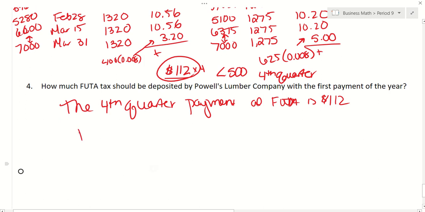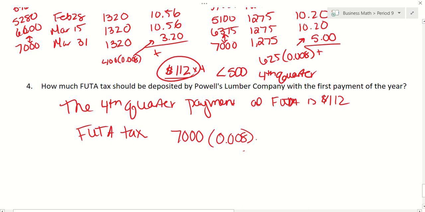And the FUTA tax is always the first 7,000 at 0.008. Oh, need another 0 there. Times 2, because of 2 employees, is $112, which is less than 500.